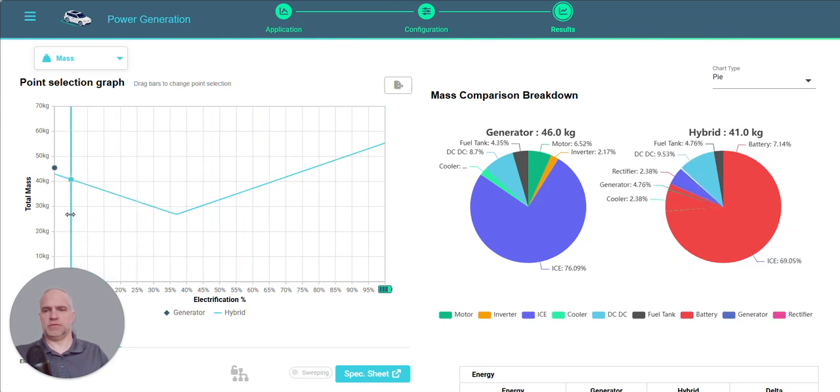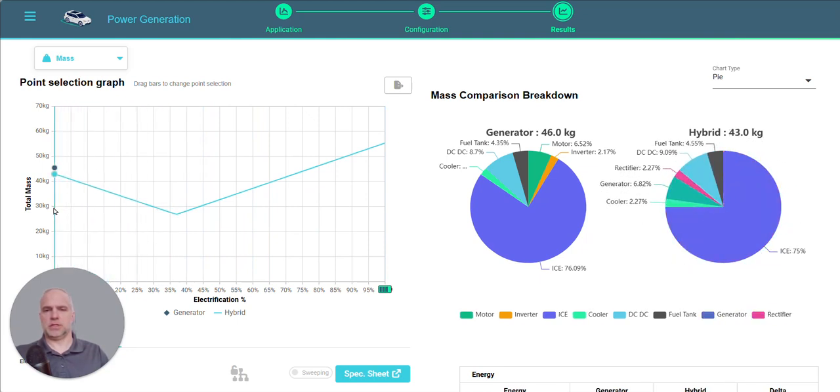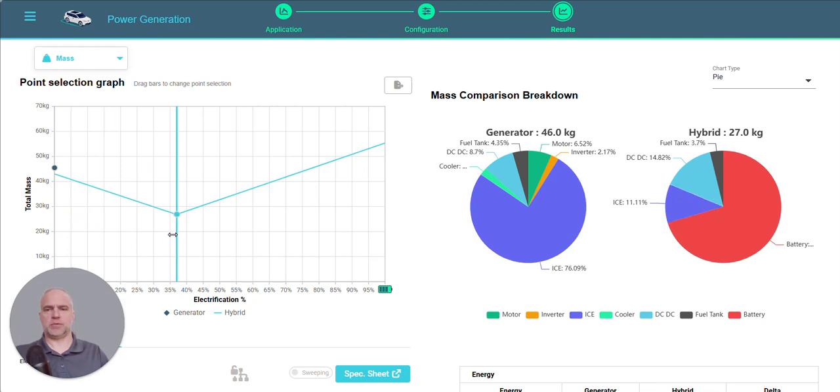If you were just doing ICE only, you actually pay a mass penalty over a hybrid ICE and battery system. And if you went again all the way to battery, it would be an increase in mass, not as much as our first example with the 2 kilowatts, but you can see now there's trade-offs that maybe aren't as clear. So the actual mass optimization that you would do for this application is different than the one we started with.